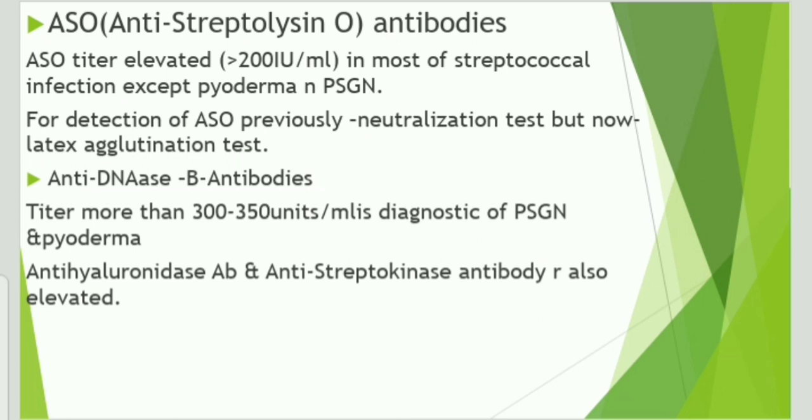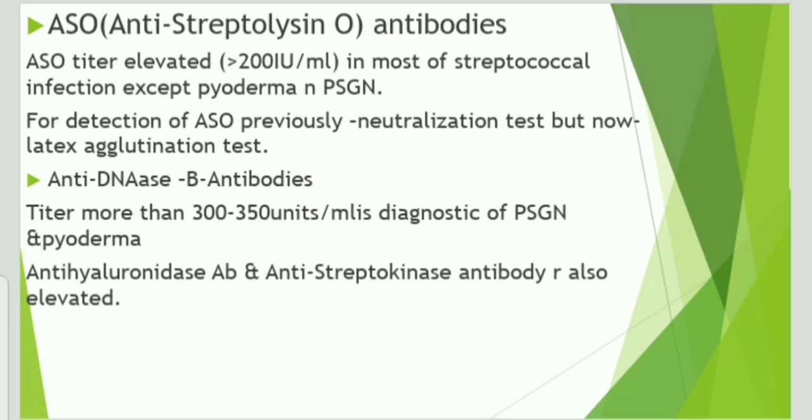An ASO titer of 200 units or more is indicative of prior streptococcal infection. ASO titer is elevated in most streptococcal infections except pyoderma and PSGN, post-streptococcal glomerulonephritis. Two exceptions are here, pyoderma and post-streptococcal glomerulonephritis. It's how we diagnose acute rheumatic fever.